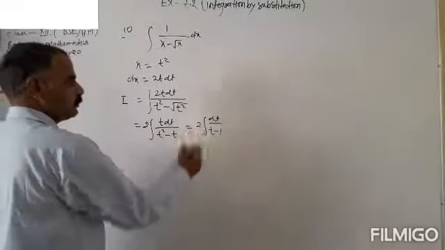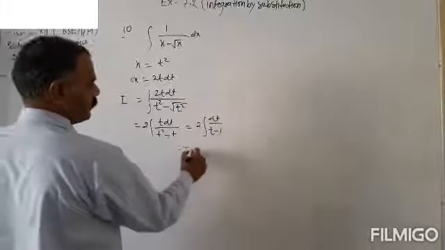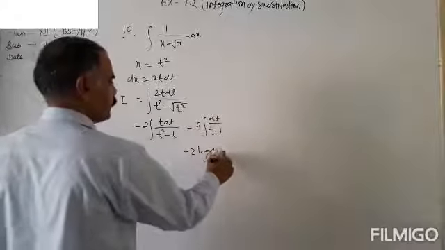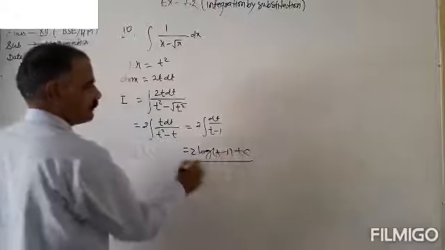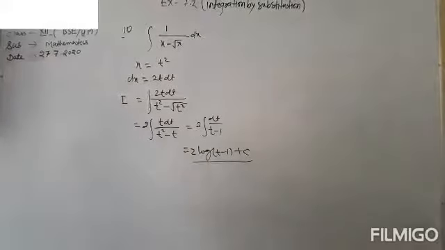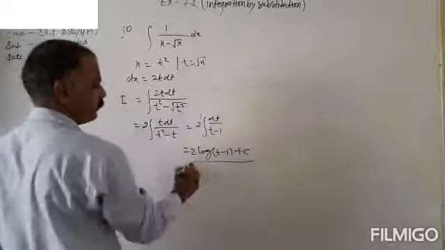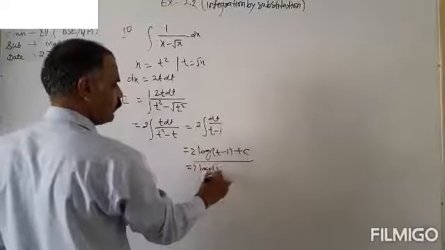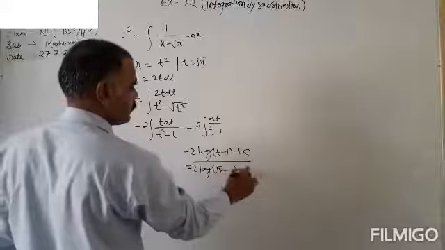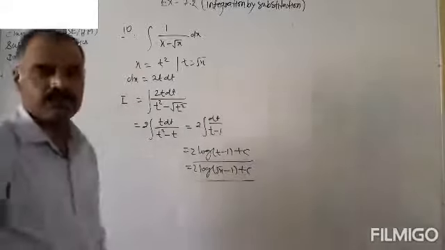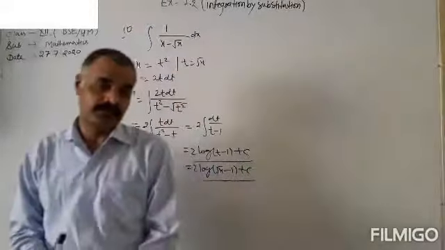So this is equal to 2 log of t minus 1 plus c. Here t is equal to under root x. So the answer will be 2 log of under root x minus 1 plus c. This is the final answer of question number 10.